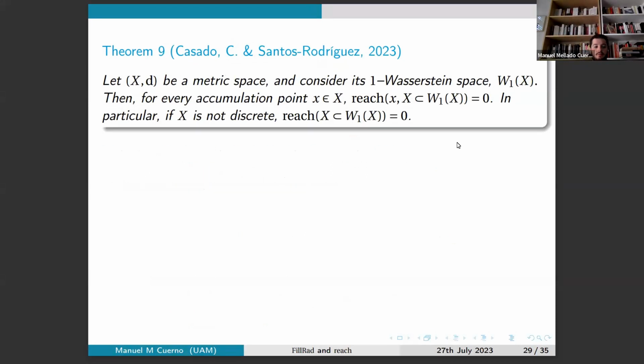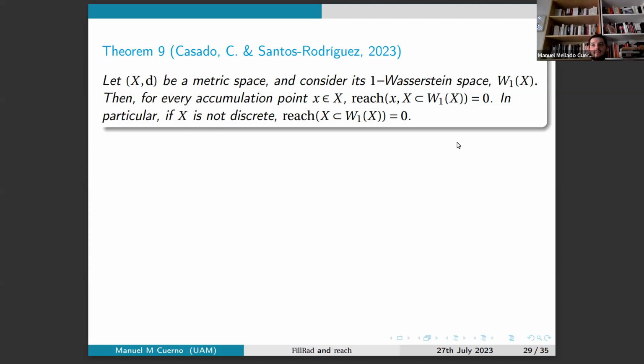Lastly, we can think, all this talk for the same result as in the L infinity case? No. We have cases in the Wasserstein space where the reach is positive. Indeed, it's not only positive, it's infinity.